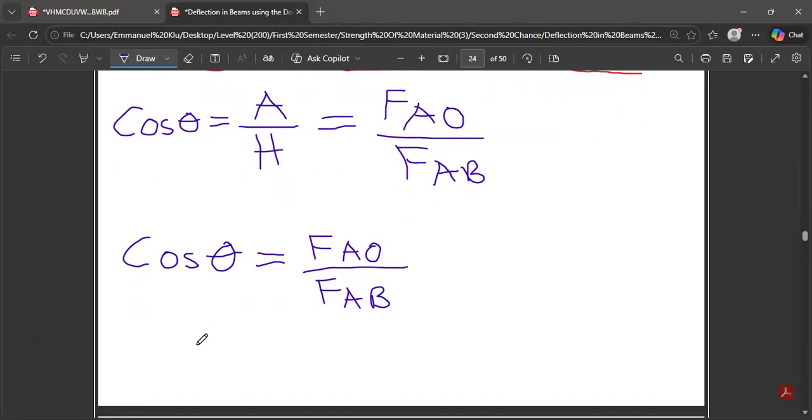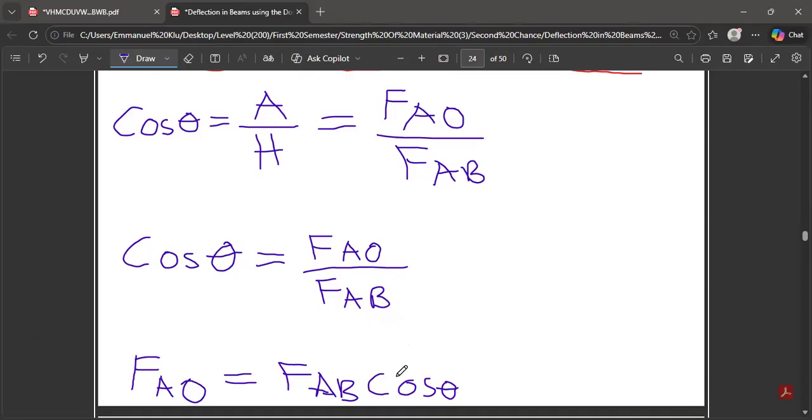Finally, we can say that our FAO is equal to FAB cos theta.